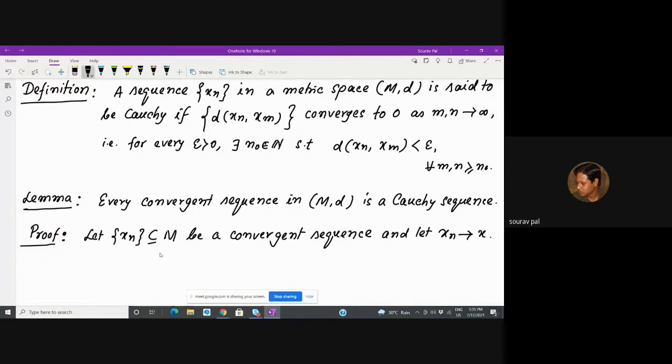So then, what is the definition we have written above? This real sequence converges to 0, right?